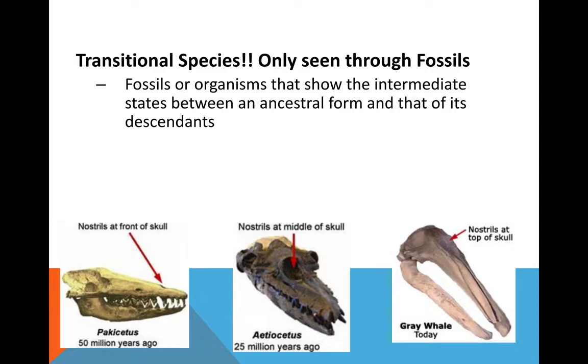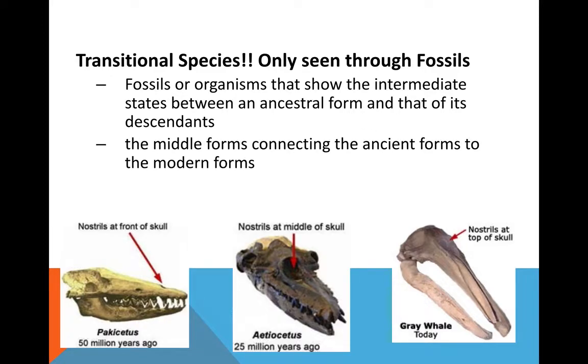So when you're looking at the examples below, you can see that the nose on these transition fossils has moved from the front of a dog, wolf-like creature to what we know today being the gray whale, whose nose is on the top of its head. And so we're able to find these transitions of fossils that show us how the structures in the organism or species changed over time.